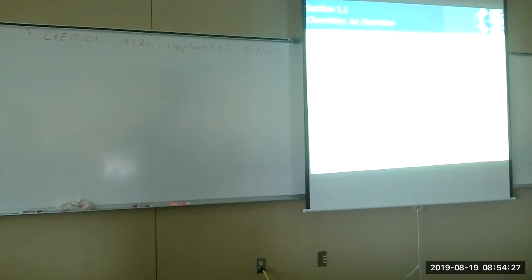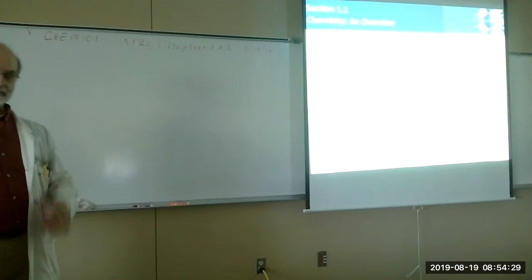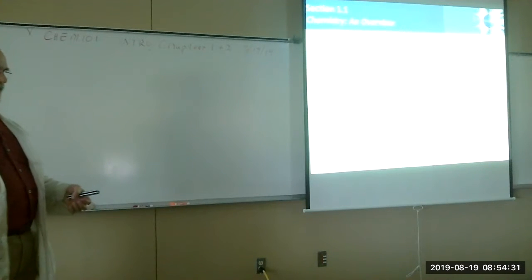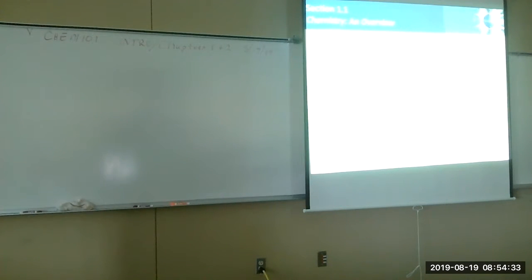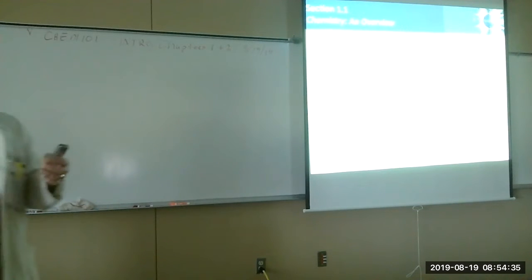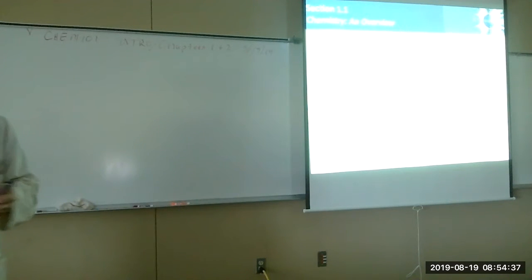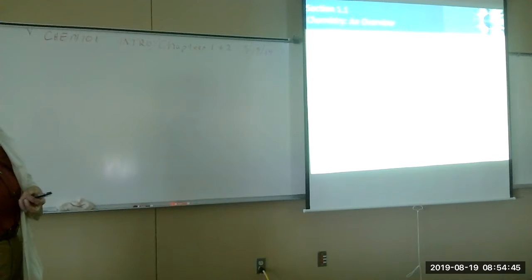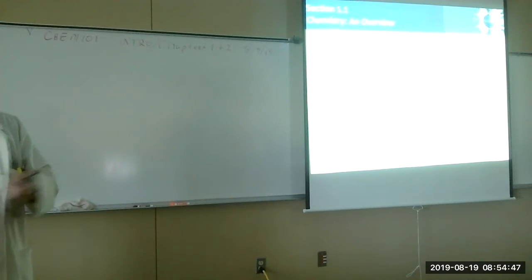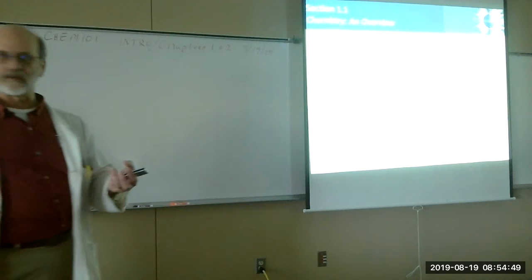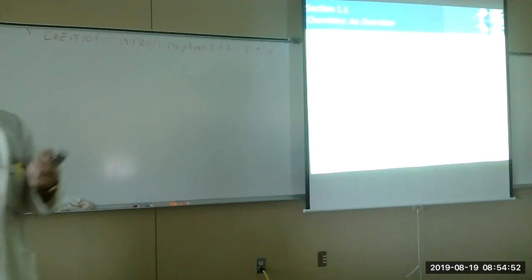Chemistry is a really broad science. I've seen one textbook call chemistry the central science. You know, that's a little out there. But, well, if you ask a physicist, chemistry is applied physics, right?